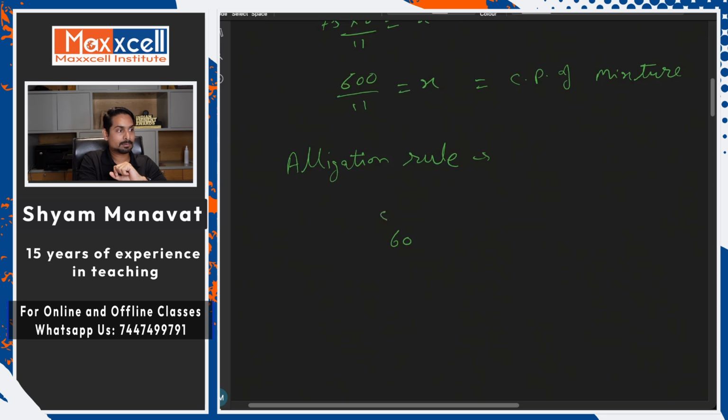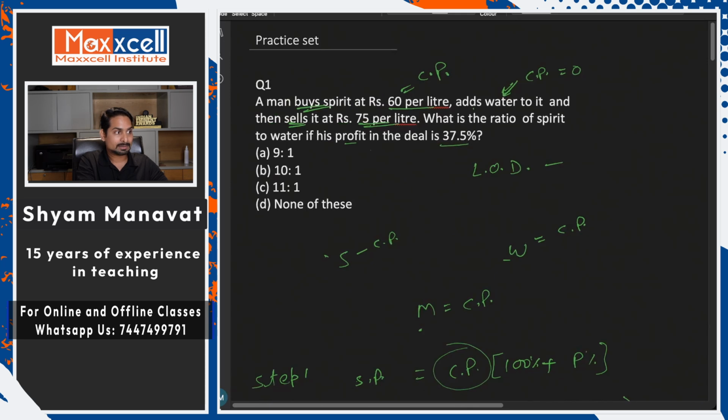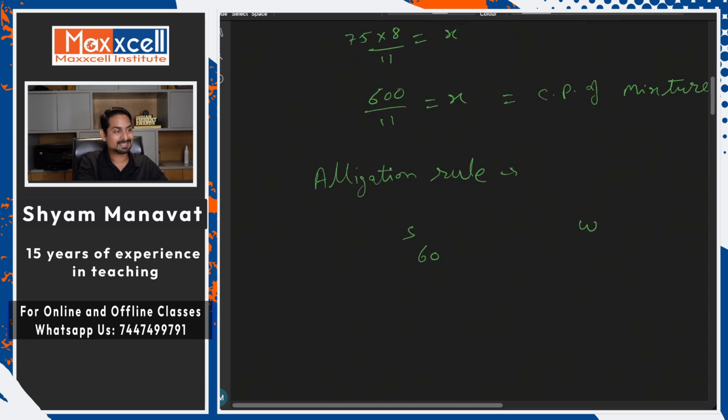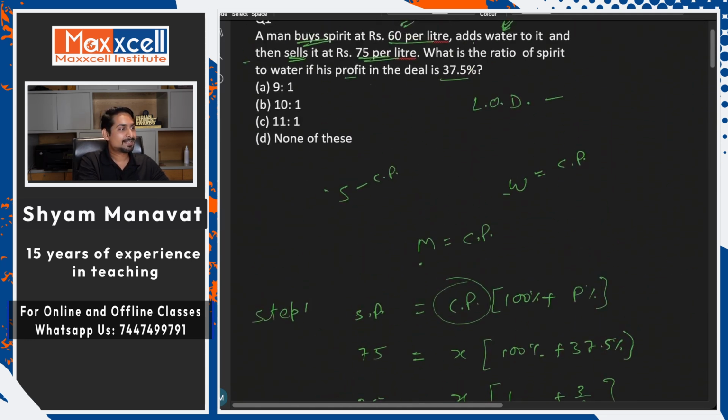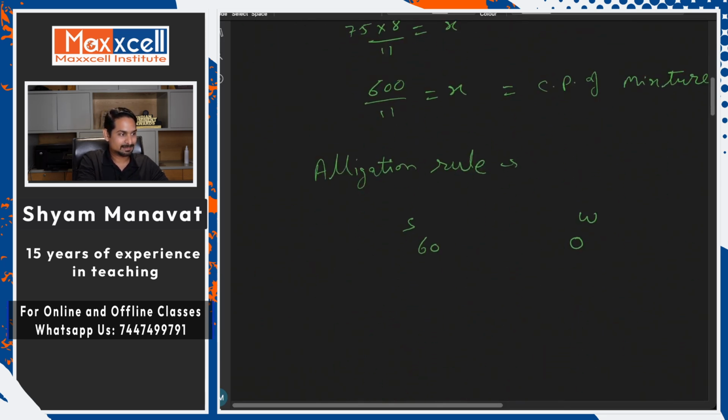The cost price of water is not mentioned, and we generally assume the water cost is 0 in such questions. Water cost is 0, although water is very valuable. Jal hi jeevan hai dosto. Here the cost price of the mixture we got is 600 by 11.